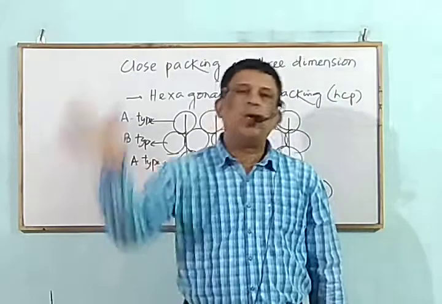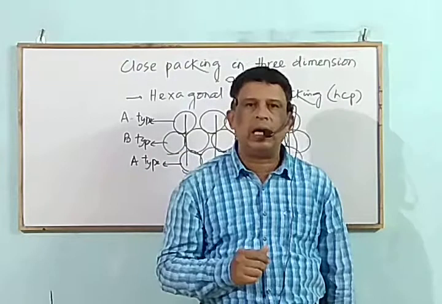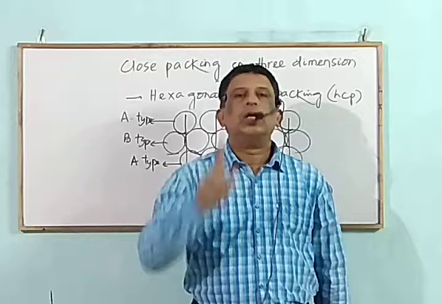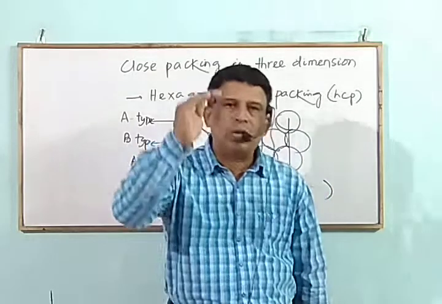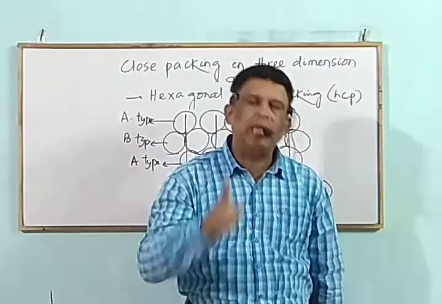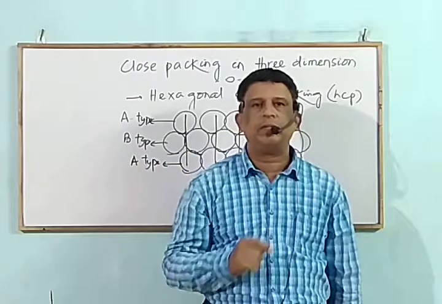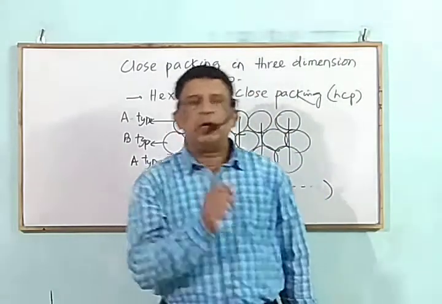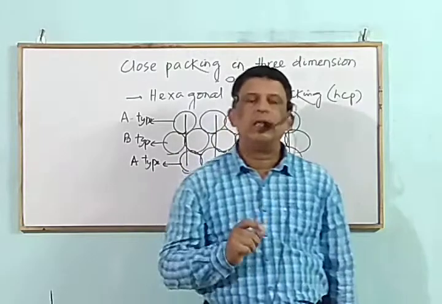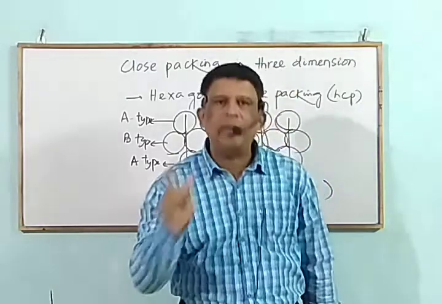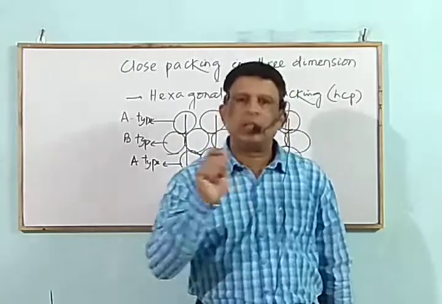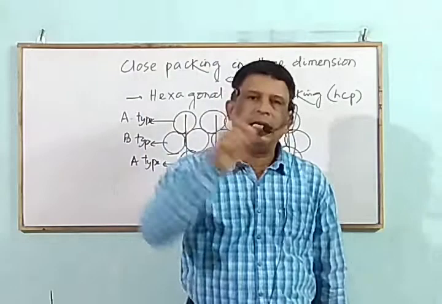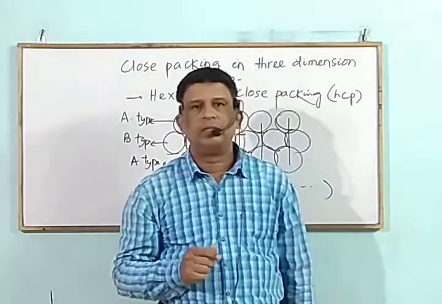But when the fourth layer is placed over the third layer, it has been observed that the constituent atoms of the fourth layer are exactly aligned with that of the first layer. That means if the first layer is A type, the second layer is B type, and the third layer is C type, then the fourth layer is again A type.